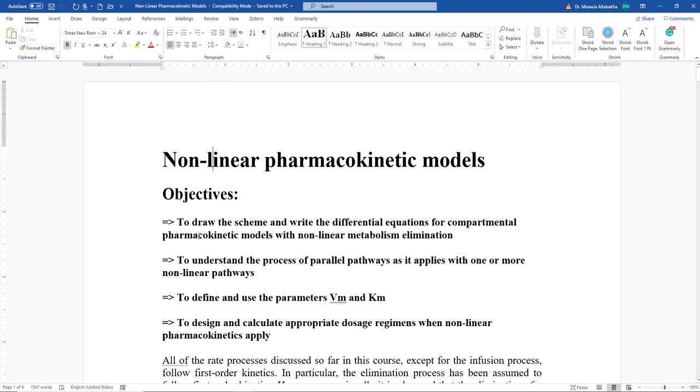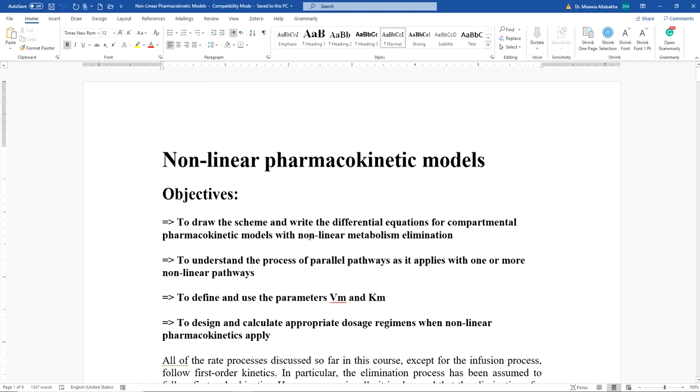What you need to be able to do is to draw the scheme. Of course, in order to draw the scheme, we need first to know the assumptions. Assumptions that we have here, initially it will be one compartment model with non-linear metabolism as the only way of elimination.